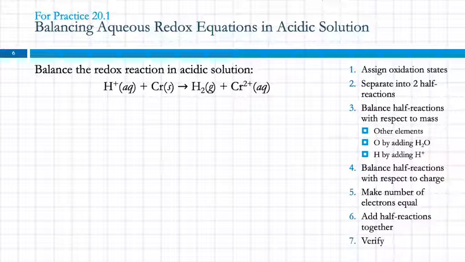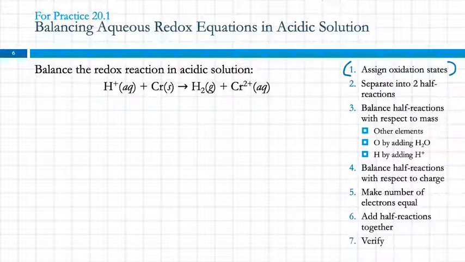So on this first example, I've made some sort of crib notes over here so that we can remember what we're doing here. So we're supposed to balance this redox reaction in acidic solution. And this is a really easy one, but it's a good one to practice doing the steps on. And again, I'm going to say, well, we don't really have to do this part.